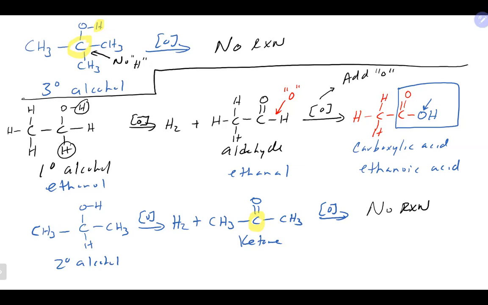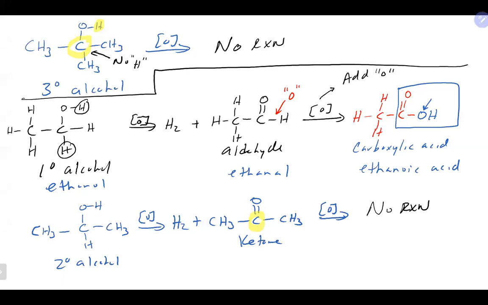So the difference between the aldehyde that can be oxidized and the ketone that is not oxidized is you can basically distinguish between whether or not you started with an aldehyde or a ketone based on whether or not the oxidation reaction occurs, which I think is sort of the lab this week.